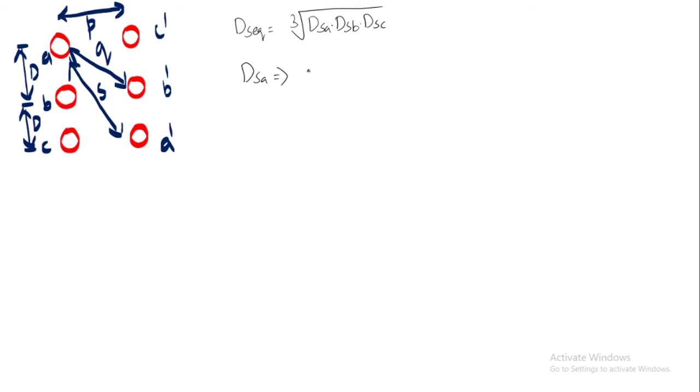DsA is nothing but GMR, geometric mean radius of a phase, and it is given by n squared root of n square distances. GMR is always n squared root of n square distances. GMD is nothing but mnth root of mn distances. Now what is n? n is nothing but the number of conductors in that particular phase.